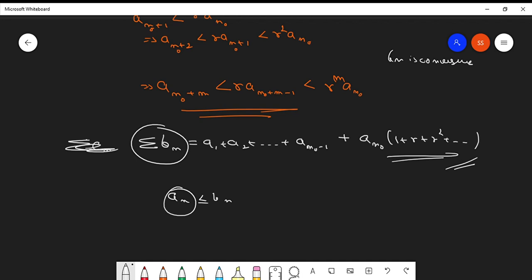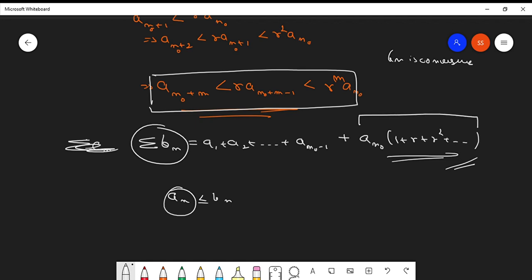Is it clear what I just told? This inequality says that the terms of this series from the n₀ term are reaching zero more rapidly than this geometric series will. So we take this bn series such that its n₀ term is the same as what we had in the series of an terms.